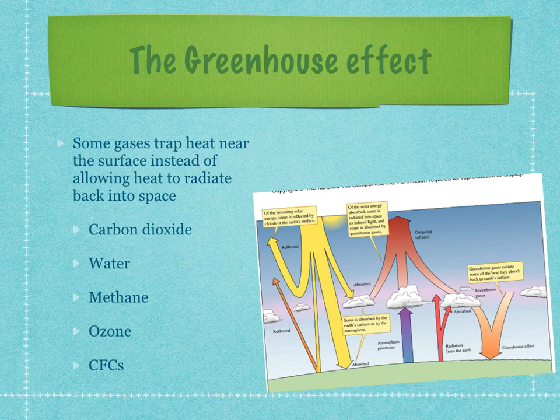There are several greenhouse gases, notably carbon dioxide, water, methane, ozone, and chlorofluorocarbons, which we just call CFCs. The balance between incoming heat and heat loss is determined by the amount of greenhouse gases. And these greenhouse gases are rising. The levels of these are rising in the atmosphere because we're using them and releasing them.